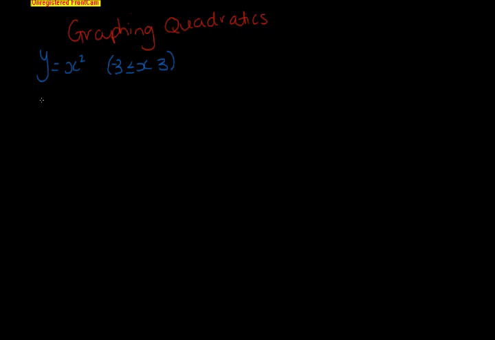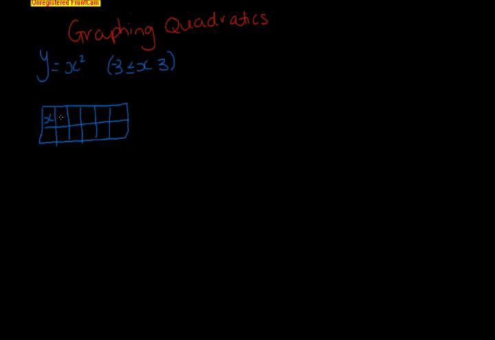If you saw the PowerPoint, my first step was to calculate a table of values for x and y to be able to get some points to graph on the axes. Our question has told us that our limits are between -3 and 3.